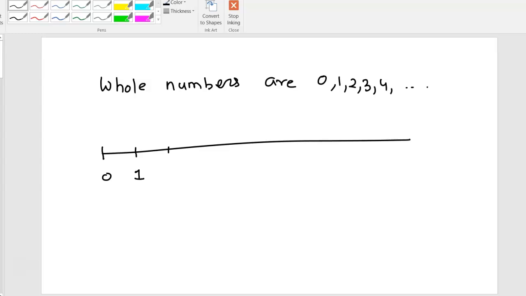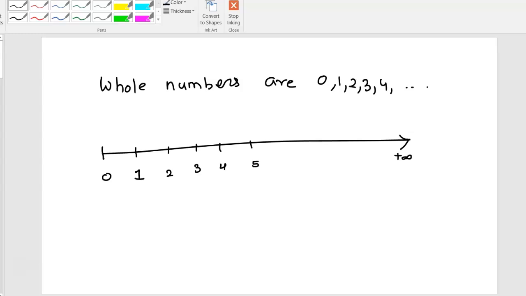At the same distance again you mark 2 and then 3, 4, and 5. And you can go as far as you want, till infinity. You can see that this is how your ruler was also, right? So you can mark your whole numbers on a number line.